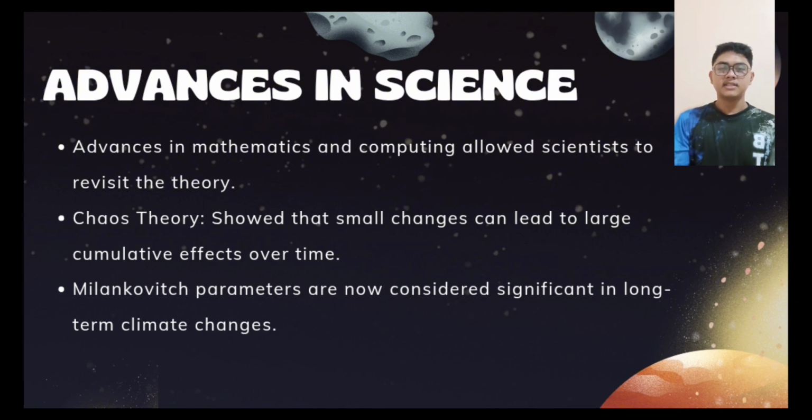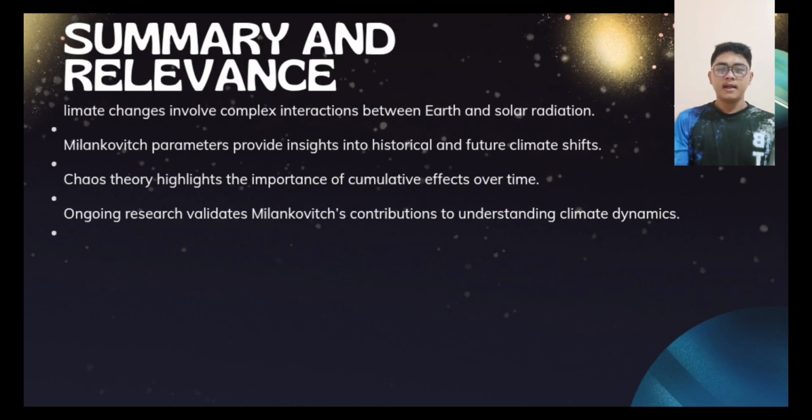Now, let's go to the summary and relevance of the topic. Climate change involves complex interactions between Earth and solar radiation. Earth's climate is shaped by how solar radiation, or energy from the sun, interacts with the Earth's surface and atmosphere.